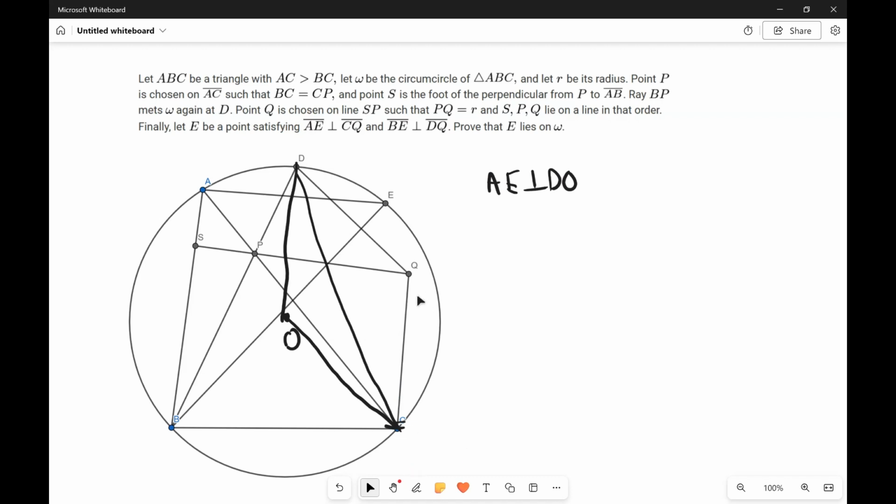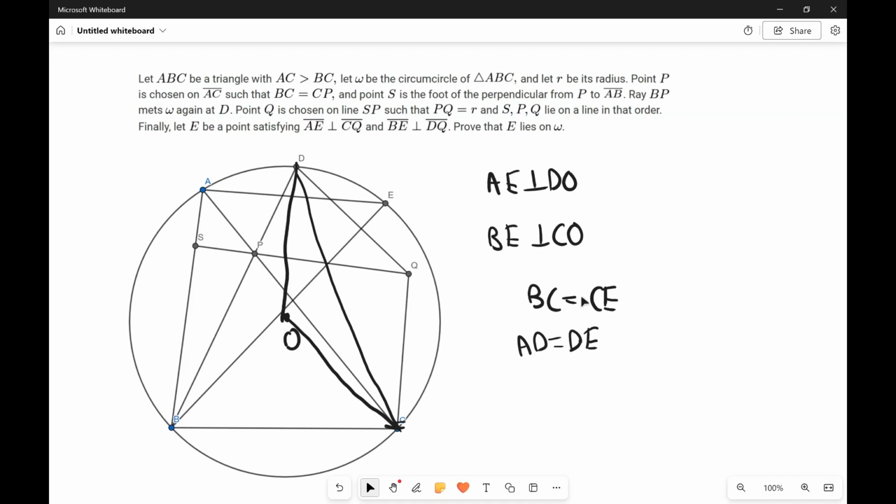And then for CQ, it is BE is perpendicular to CO. Because we have our perpendicular bisector here, because CO is perpendicular to BE and OB equals OE, that implies that BC is equal to CE if E were to lie on omega, and also that AD is equal to DE.